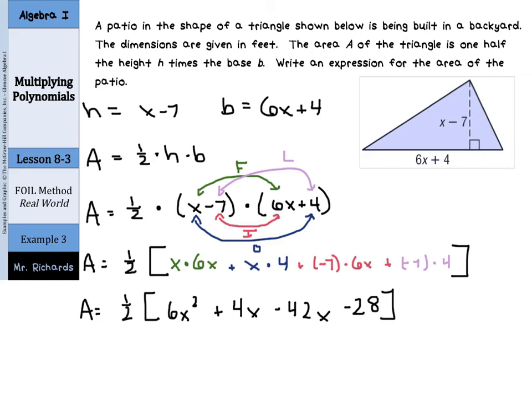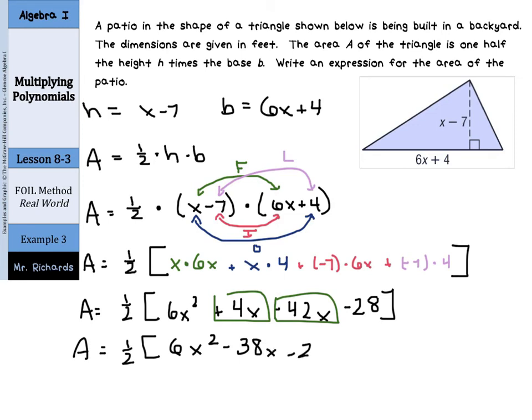And now we can once again inside here combine the like terms with the 4x and the minus 42x. So area is going to equal 1/2 times 6x squared minus 38x minus 28.